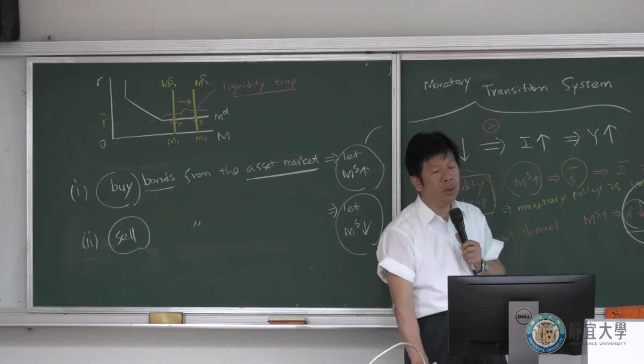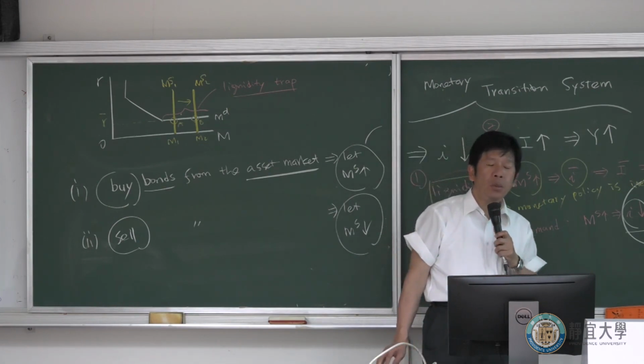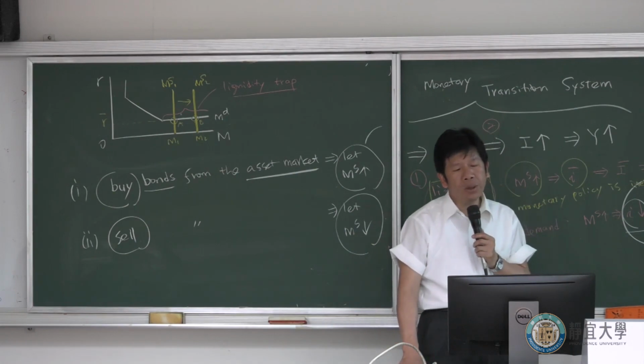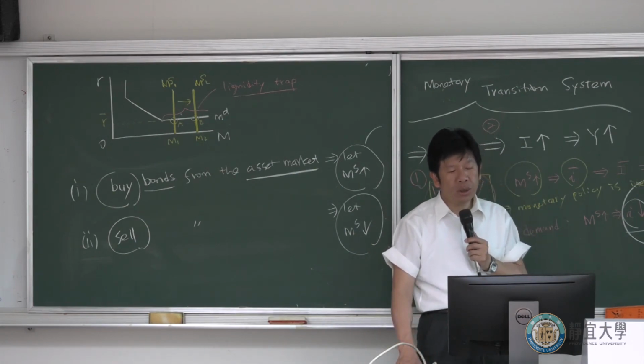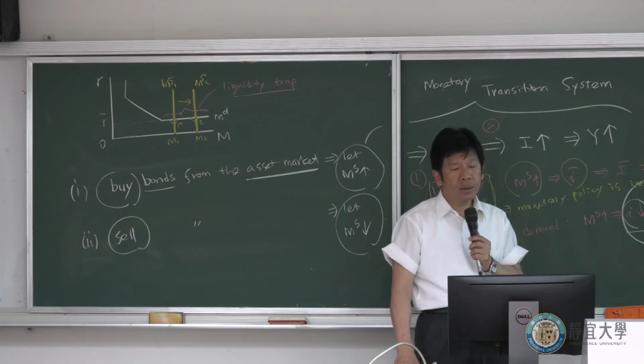When we change the quantity of money, the balance shifts, but if we have a liquidity trap, monetary policy has no impact on either the interest rate or the level of income. So monetary policy is powerless.